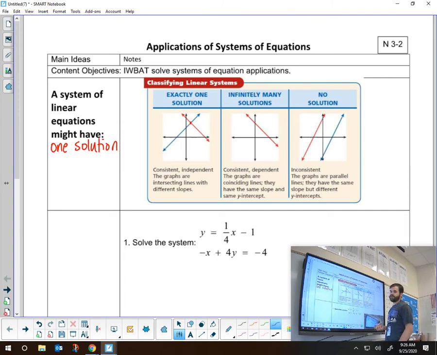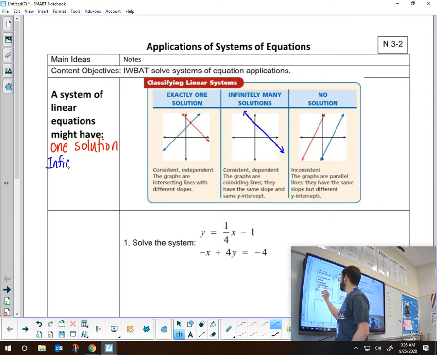So right here it looks like we only have one line graphed, but what if we had another line that was the exact same and we were asking what are the solutions for both of these? Well, if you have two lines stacked on top of each other, that's what we call infinitely many solutions.